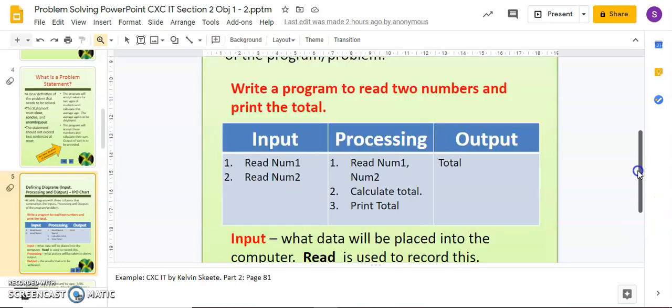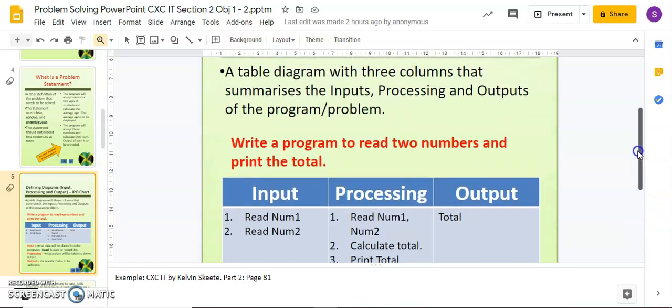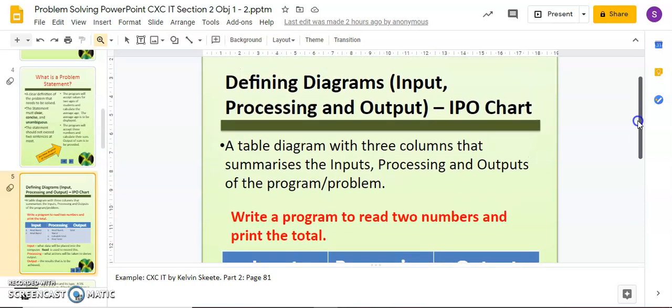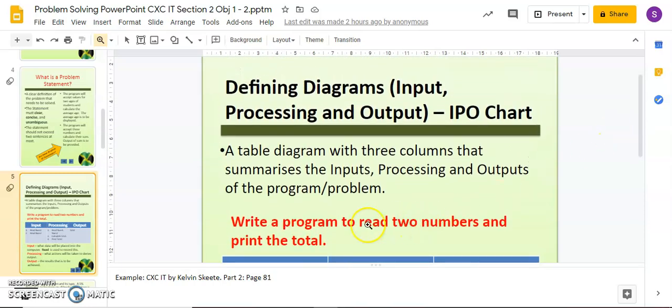Now, if we are given a problem to solve, say, for example, adding 2 numbers together to get a total, let's look at what we will do. This is called a defining diagram, otherwise called an IPO chart.